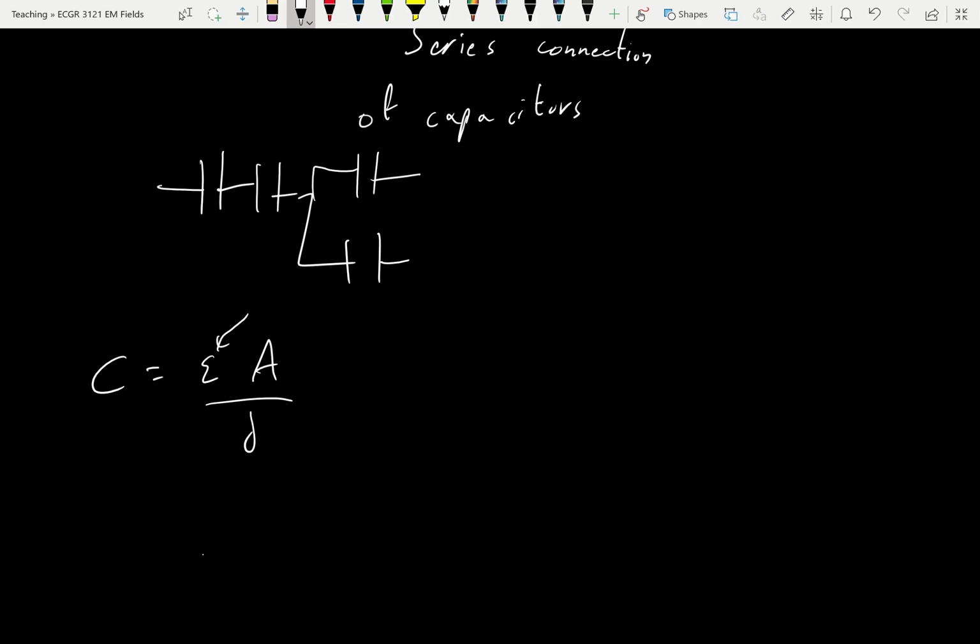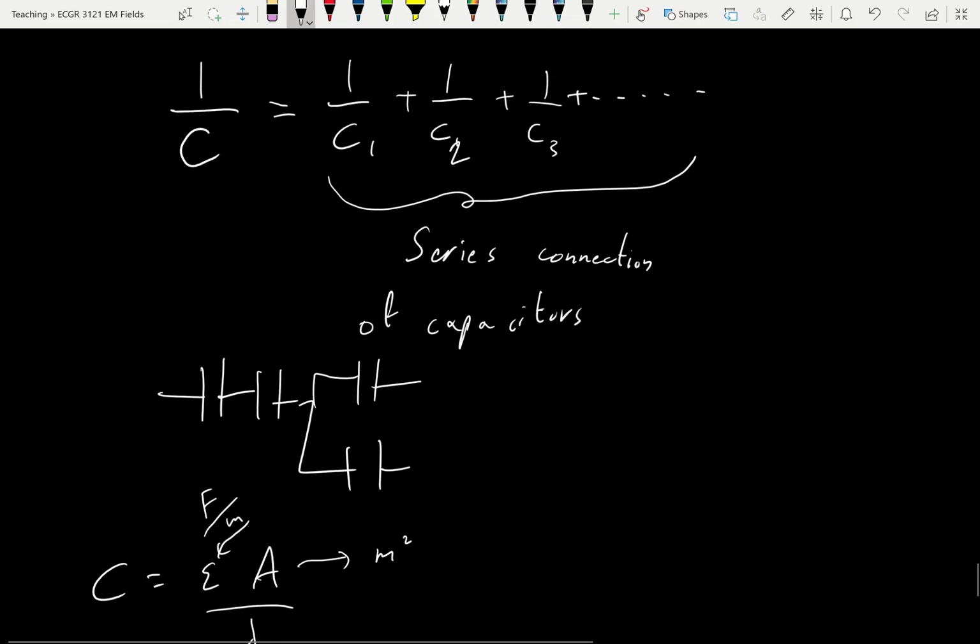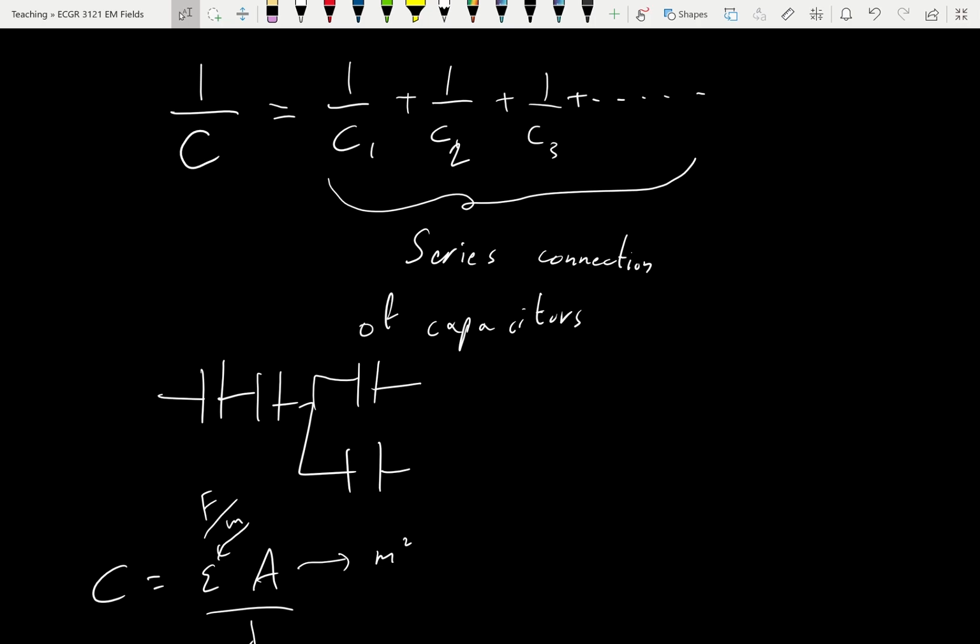So we said epsilon is farad per meter. Area is meter squared. Distance is meter. So this is farad per meter multiplied by meter squared over meter. So the meter squared cancels, and yes, we get the unit of farad.